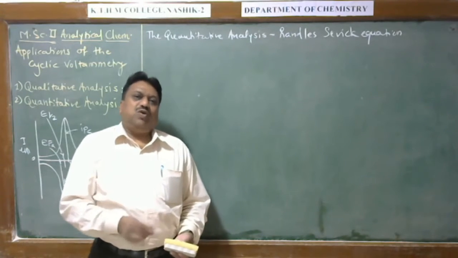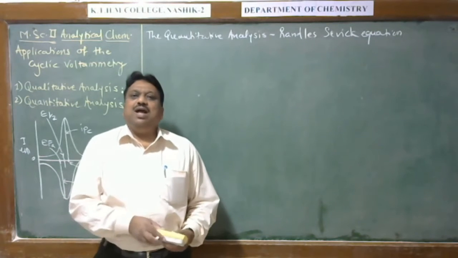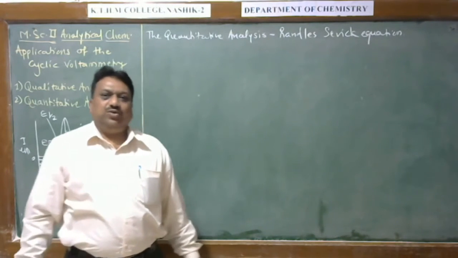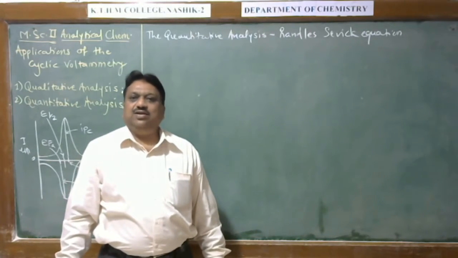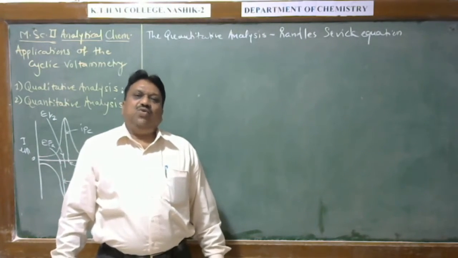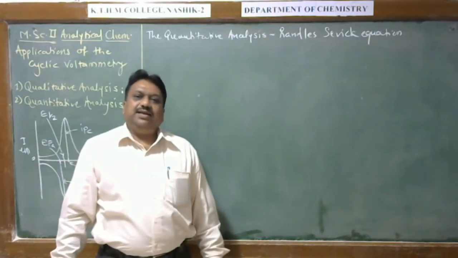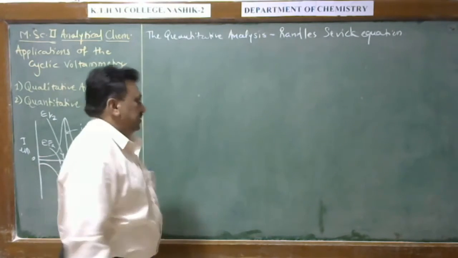The magnitude of the anodic current is directly proportional to the amount of analyte that undergoes oxidation, and the magnitude of the cathodic current is directly proportional to the amount of analyte that undergoes reduction. Therefore, the cathodic peak current and anodic peak current are directly utilized for quantitative determination of the analyte.